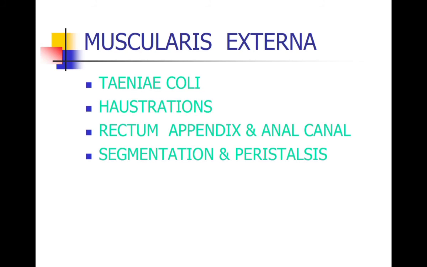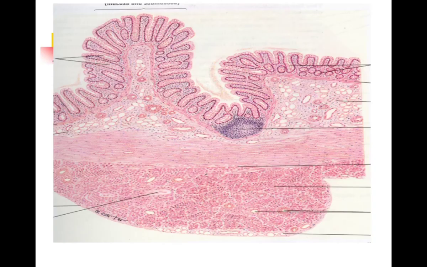So the surgeons identify the colon by seeing the taenia coli, and there are haustrations because of the longitudinal muscle contractions. There are sacculations present in the colon. Colon is sacculated, haustrated. And then comes the rectum, and then the anal canal.